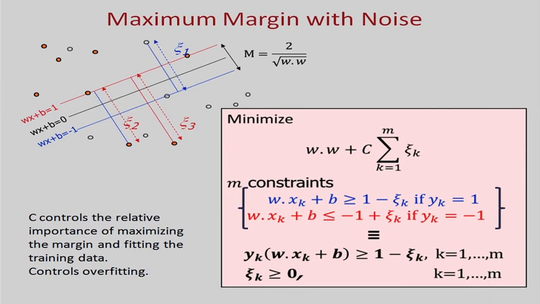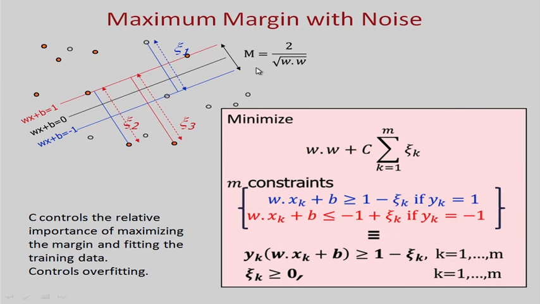Now, let us look at this slide. We have this decision surface whose equation is given by w x plus b equal to 0, and upon normalization these are the two margin lines, w x plus b equal to +1 and w x plus b equal to -1. And here are 3 of the points which are wrongly classified, and corresponding to each of them we have the variables xi 1, xi 2, xi 3.